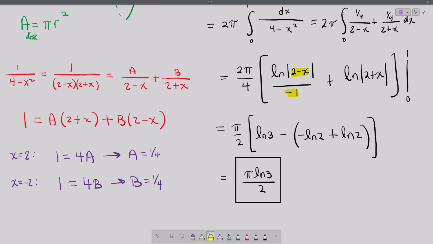Integral of an exponential is itself, but then if the linear expression that you're using has a derivative that's not just 1, then you have to divide by that derivative. So if this was 2 minus 3x, we would divide by negative 3. So we're dividing by the derivative of the linear expression.